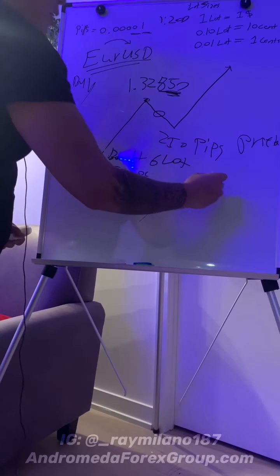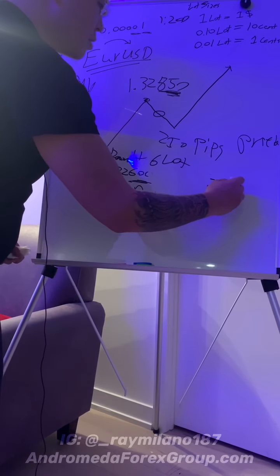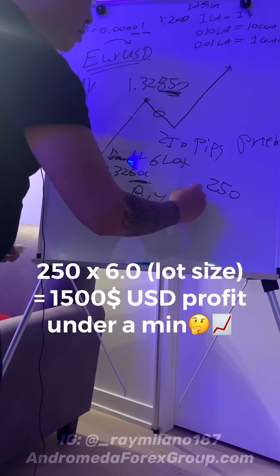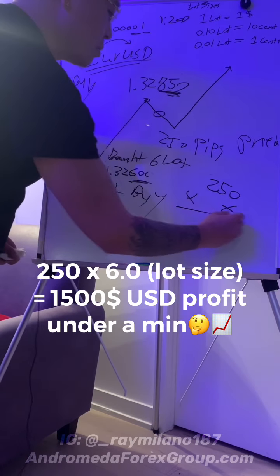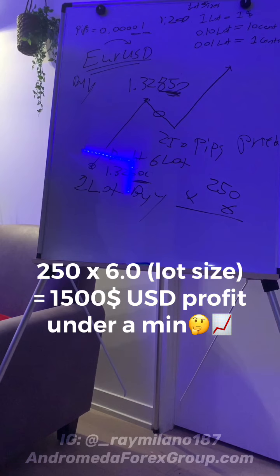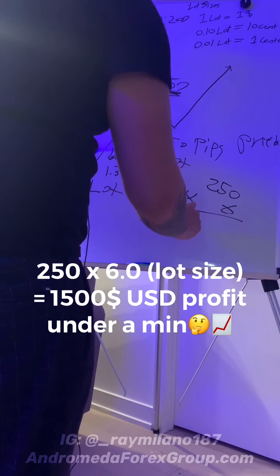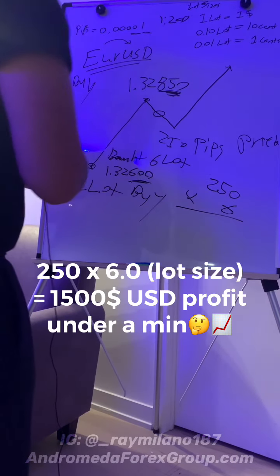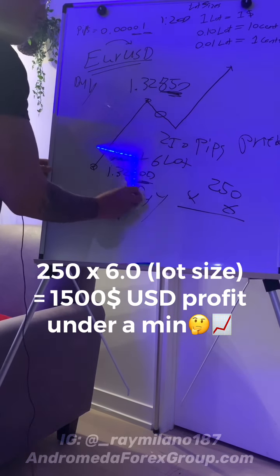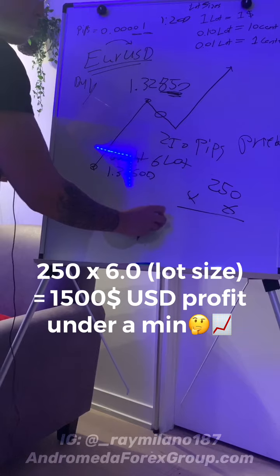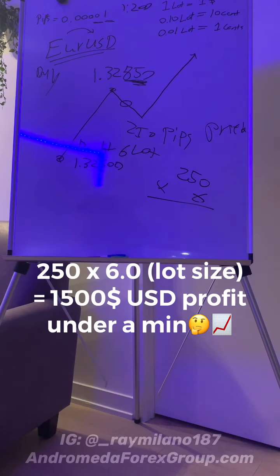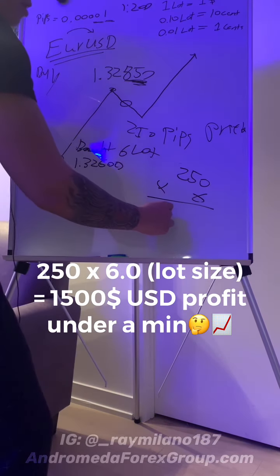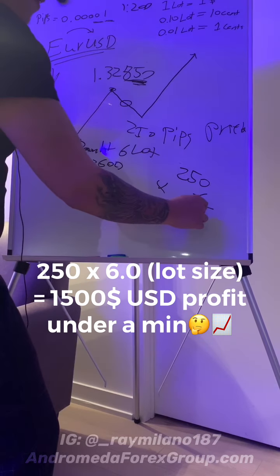So you're going to multiply 250 times 6. Profit. So this now becomes $1,500.